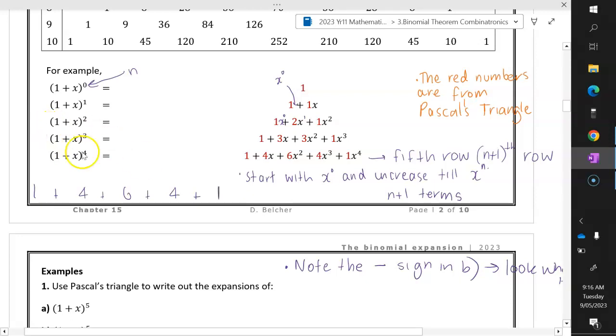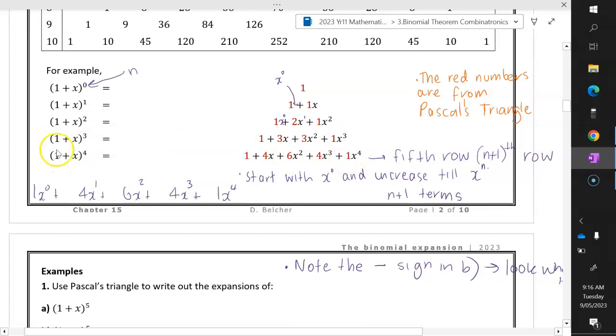They're my coefficients for that expansion. And then I know I'm going to grow my x's from x to the 0, x to the 1, x to the 2, x to the 3, and x to the 4. And then if I neaten that up and get rid of the x to the 0, which is just 1, and get rid of the 1 on the power there, I've got my expansion. So they're the rules of how we're going to expand it.